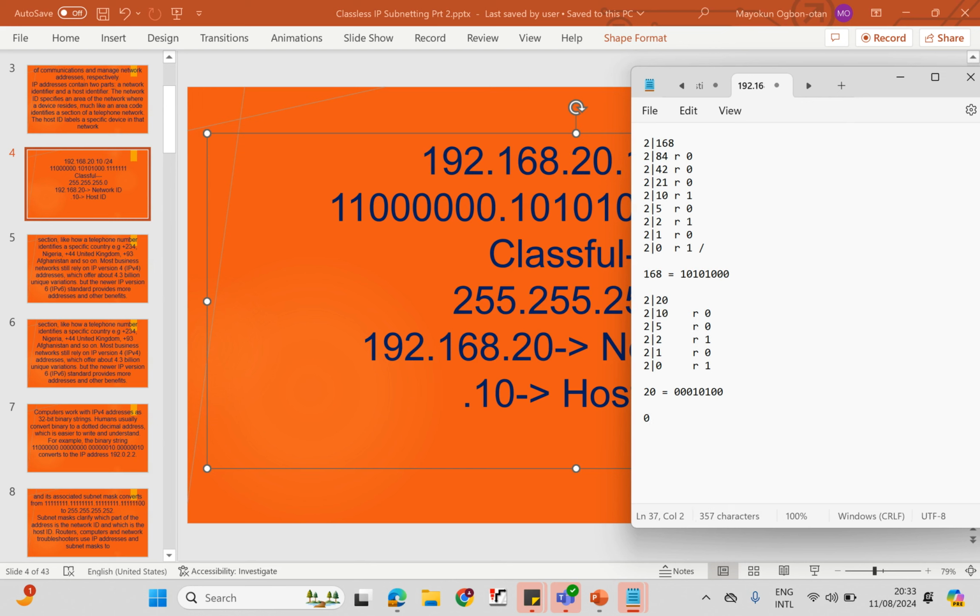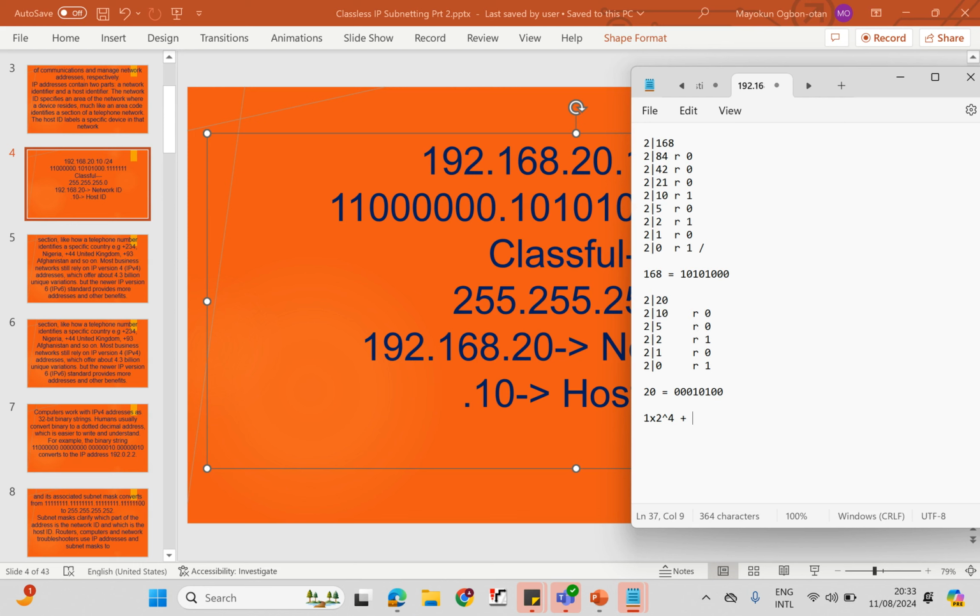So the next one we are concerned with is the first one, that's 1 times 2 raised to power 4. The second one is 0, which is going to be raised to power 3.